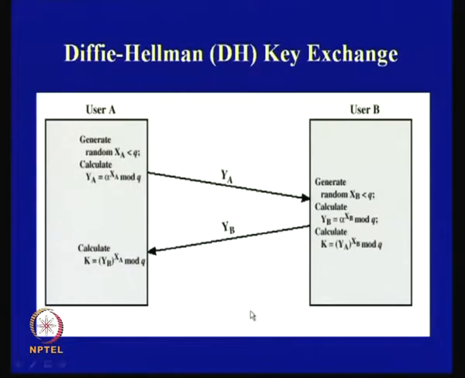We can obviously extend it for signatures or authentication, which I am not going into, as it is quite straightforward. The other interesting application of elliptic curves is in the Diffie-Hellman key exchange.